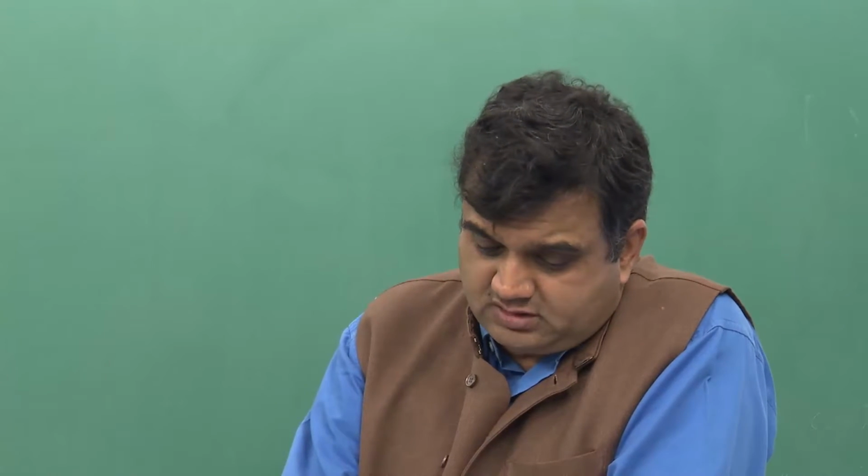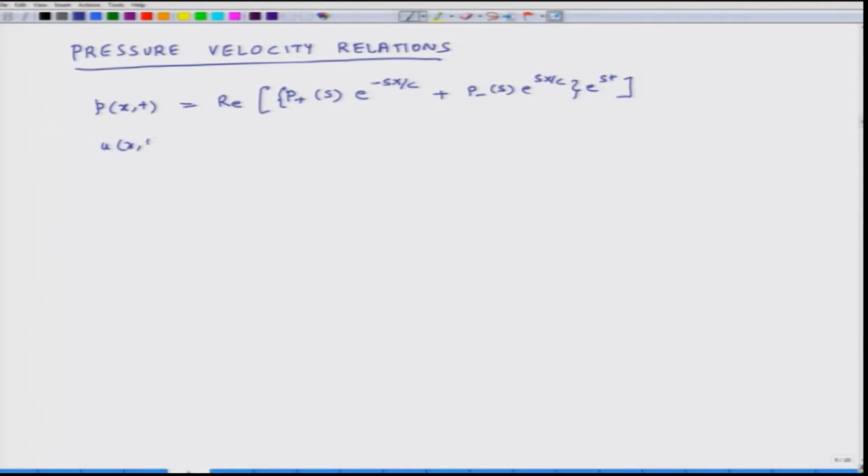Now, if I consider the velocity wave equation, then I can develop a similar expression for velocity. So, u of x and t is equal to real of the complex amplitude of the velocity wave moving in the positive x direction, which I will call capital U plus, times e to the power of minus s x over c, plus U minus times e to the power of s x over c, multiplied by e to the power of s t.